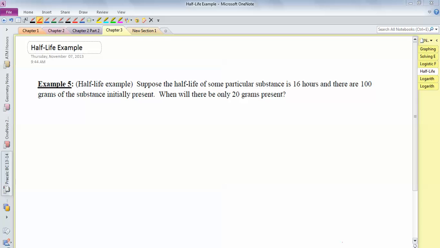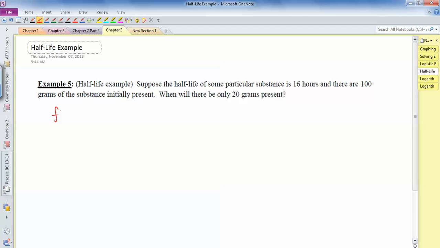All right. So anyway, the question is, when's there only going to be 20 grams present? If it happened to be 25, that'd be a lot easier to answer. But since it's 20, we have to do a little bit of work for it. So I'm going to do it two slightly different but heavily related ways. First, I'll call a function for how much is left at any time f of t.